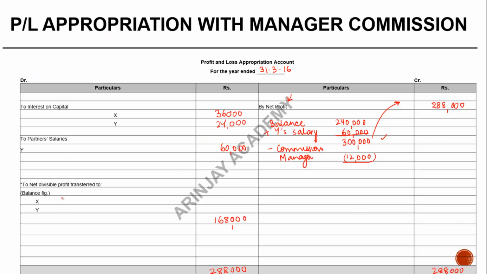So X is going to get 4/7 of 1,68,000, and Y is going to get 3/7 of 1,68,000. The answer that we get in these two cases is 96,000 for X and 72,000 for Y. And that's how you prepare your profit and loss appropriation account.